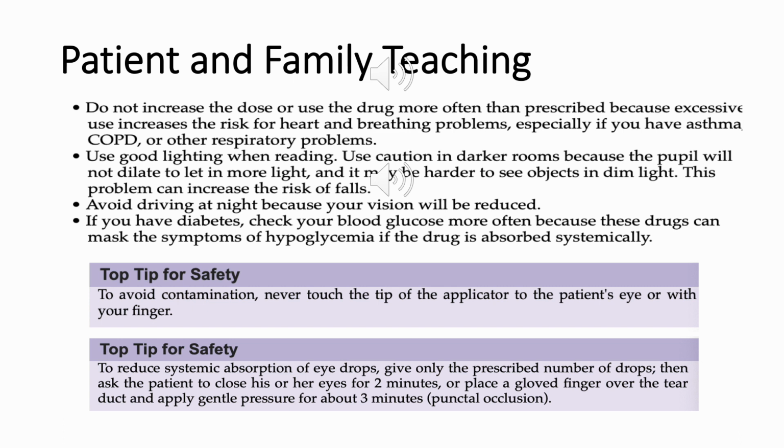To avoid contamination, never touch the tip of the applicator to the patient's eye or with your finger. And to reduce the systemic absorption of the eye drops, give only the prescribed number of drops, then ask the patient to close his or her eyes for 2 minutes or place a gloved finger over the tear duct and apply gentle pressure for about 3 minutes, also referred to as punctal occlusion.